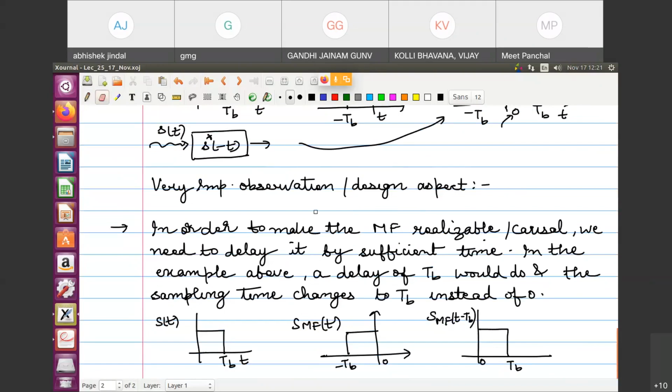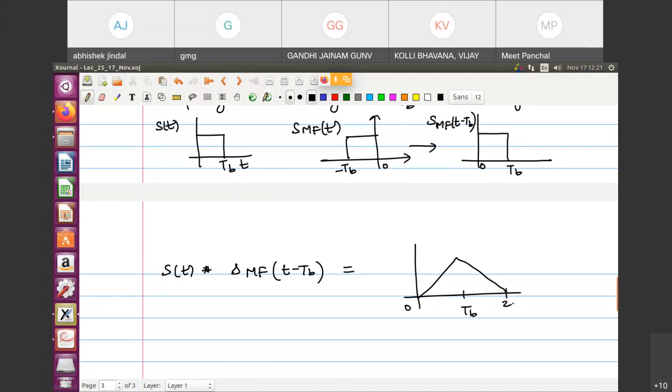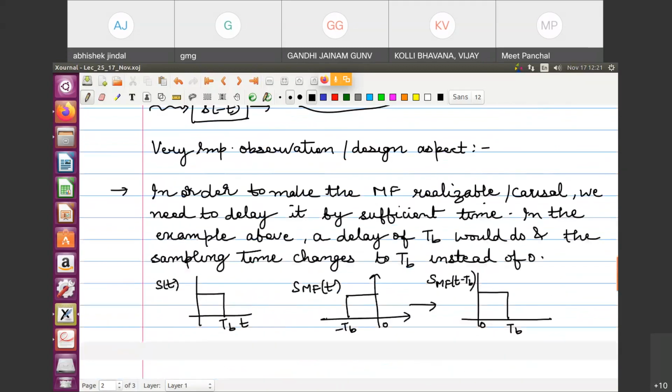Now you convolve both of them. Convolve s(t) with s_MF, which is shifted by T_b. The output would be this sort of waveform: this is 0, this is T_b and this is 2T_b. So the sampling instant now would be T_b instead of being at 0.